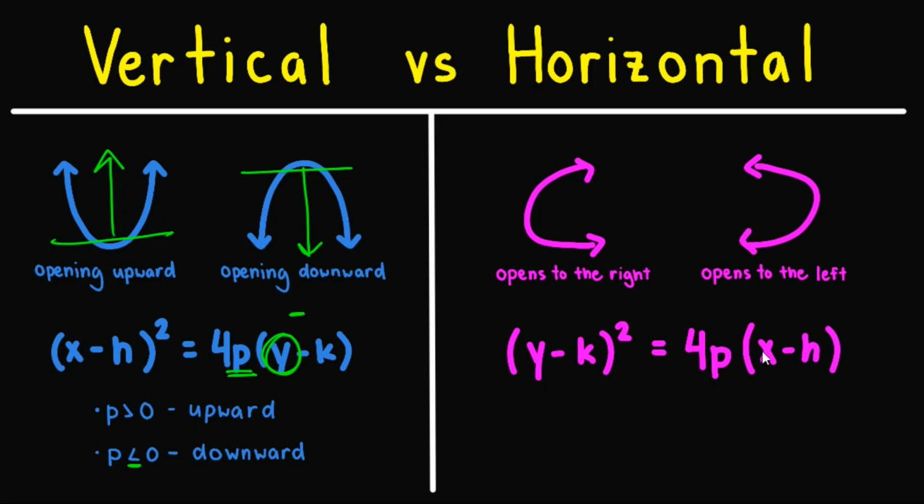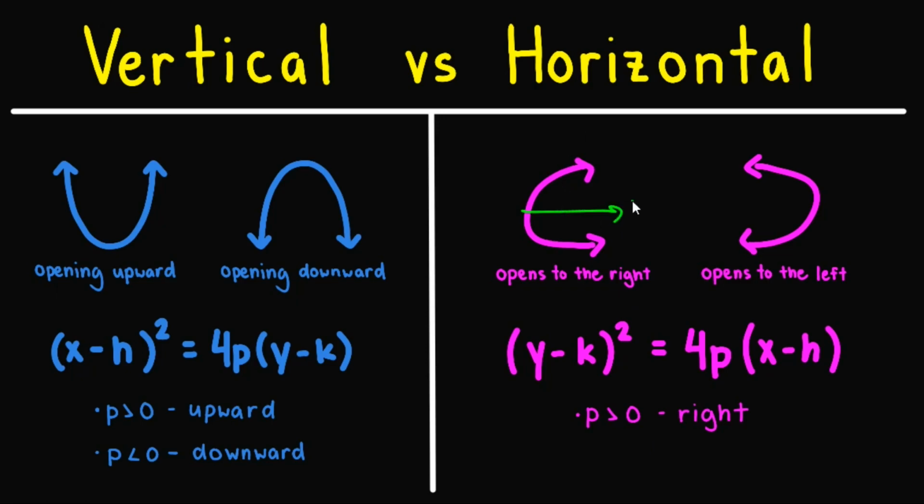That is similar for this next set of parabolas. For horizontal parabolas, it opens to the right if p is greater than 0, since we are dealing with the positive x-axis. And it opens to the left if p is less than 0 or negative, since we are dealing with the negative x-axis.